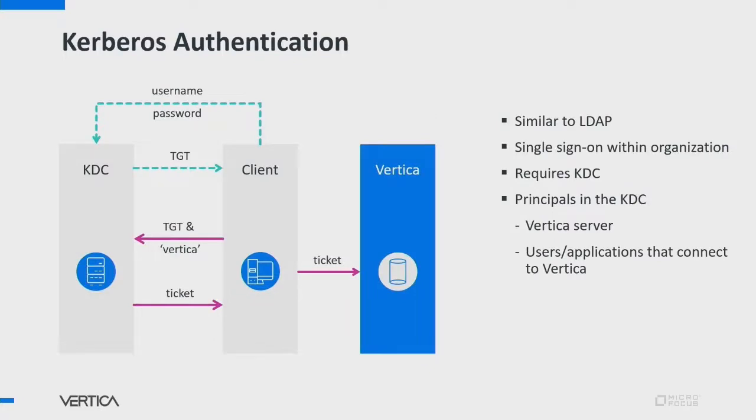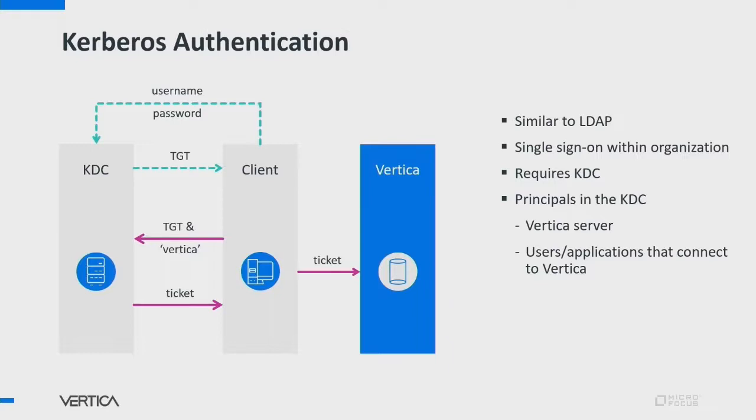Kerberos authentication is similar to LDAP, but more complex to set up. The huge benefit of Kerberos is that it allows to have single sign-on within an organization. It always requires a key distribution center, KDC, to which a user connects with the credentials and gets the ticket granting ticket, TGT.